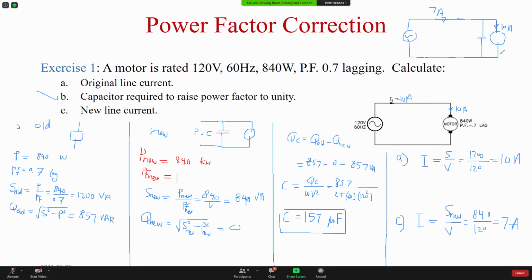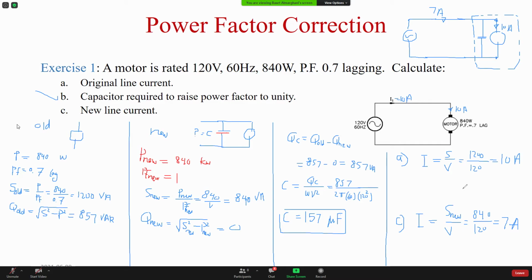The current at the load is still 10 because the voltage between these 2 points is the same, so it doesn't change, but the current here is 7 now. These two together have a new S.